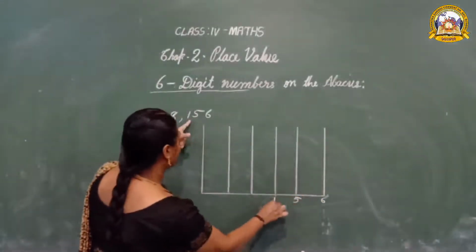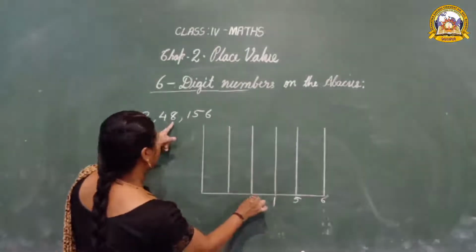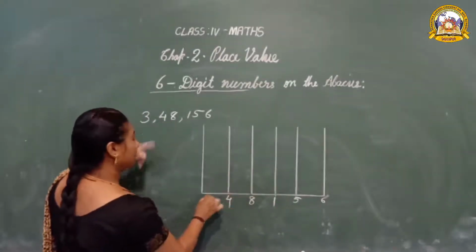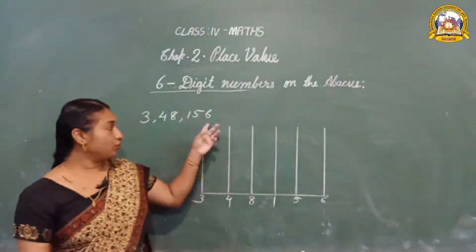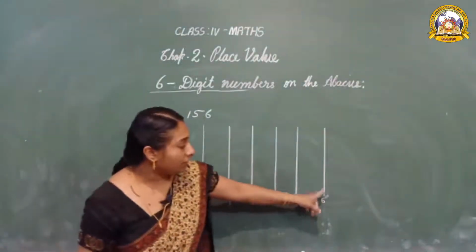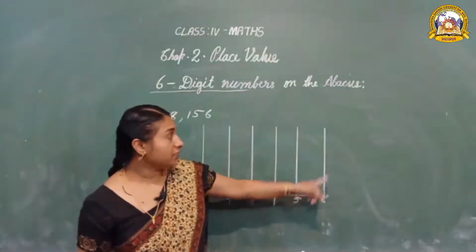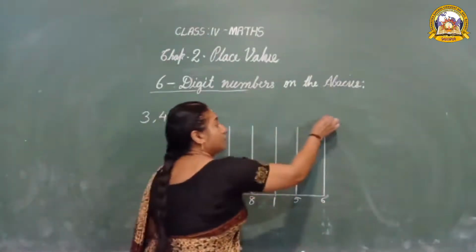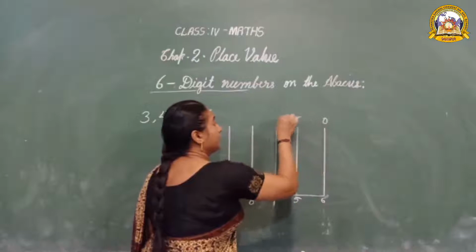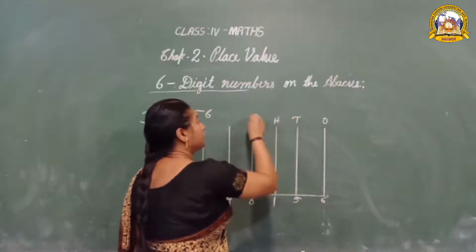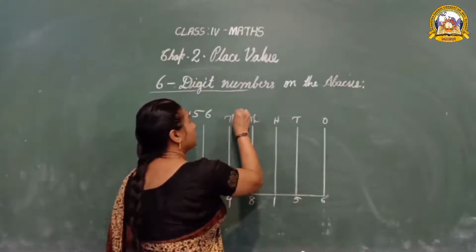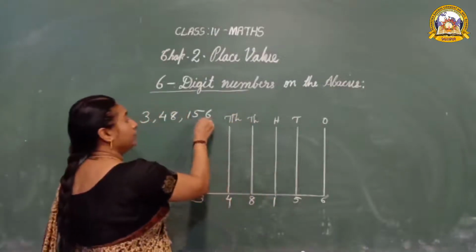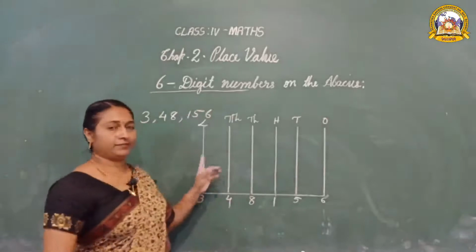Next, 1, 8, 4, 3. As you know, the lines mean ones, tens, hundreds, thousands, 10,000 and lakh.